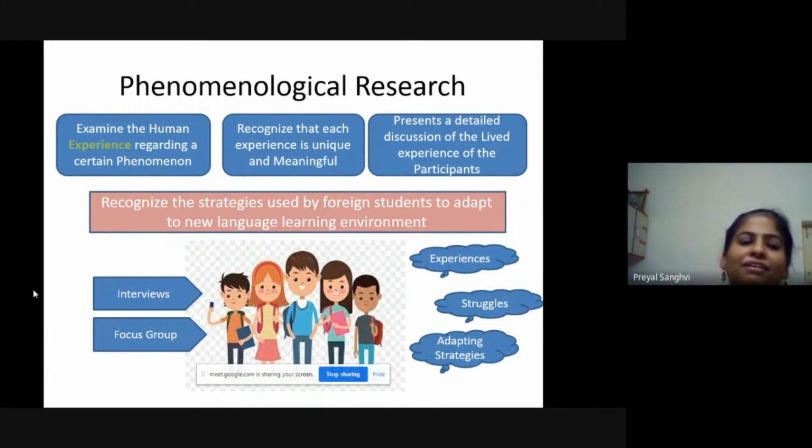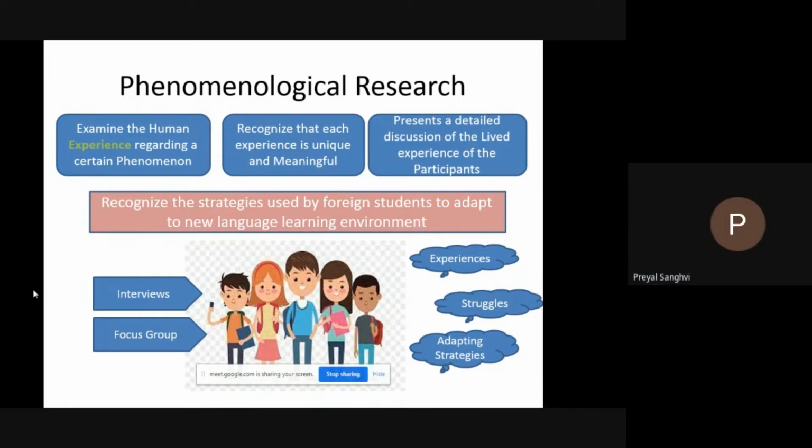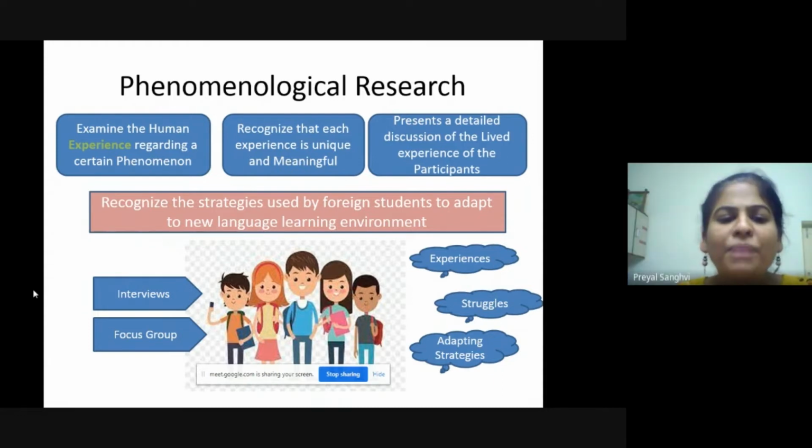So if we talk about interview as a method, the researcher is discussing with the foreign student and trying to understand their experience, struggle, and what kind of strategies they have adopted. Another possible option is the focus group method. In this method, the researcher discusses among a group of people and tries to understand their experience.